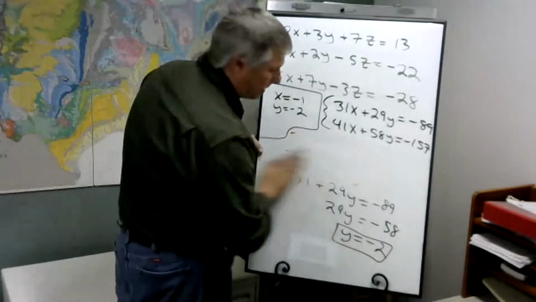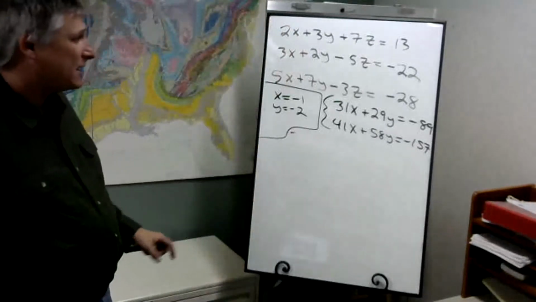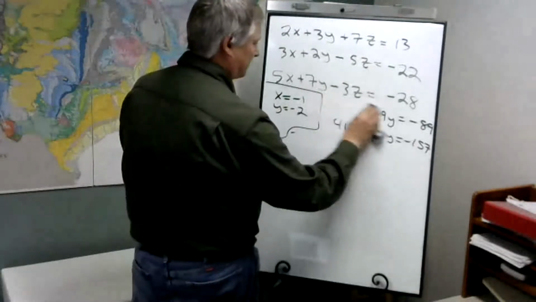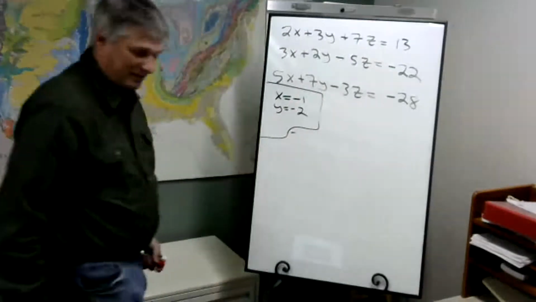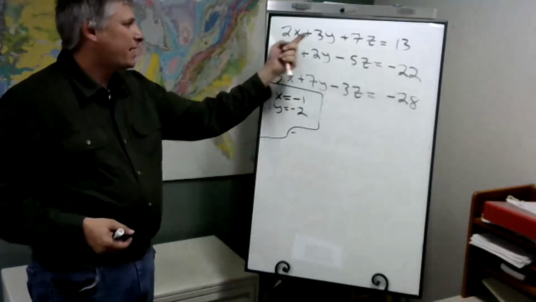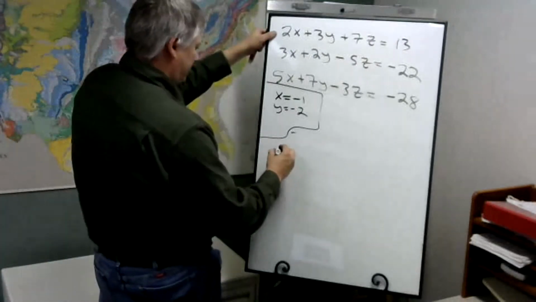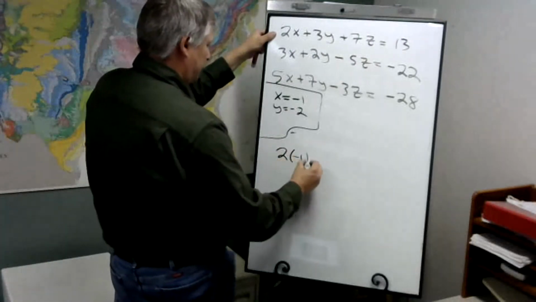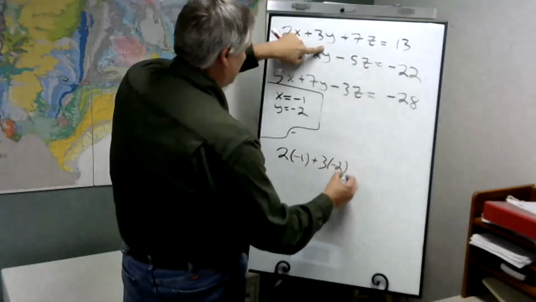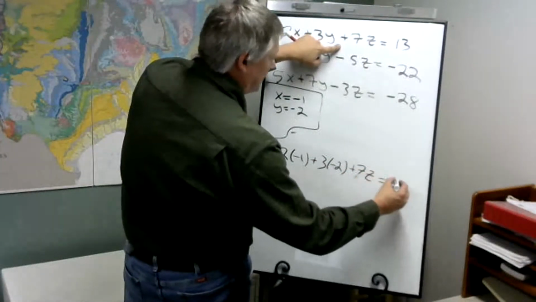Now we go back to our three-equation system that has the three variables. We need that third variable, z. So I'll just go with this top equation. We'll substitute for x and y and solve for z. So we'll have 2 times -1 plus 3 times -2 plus 7z equals 13.